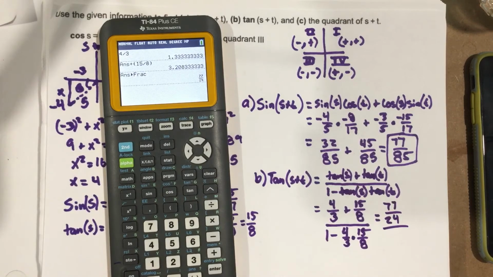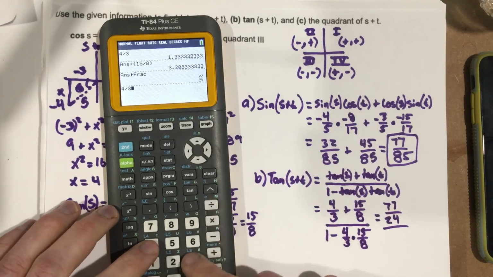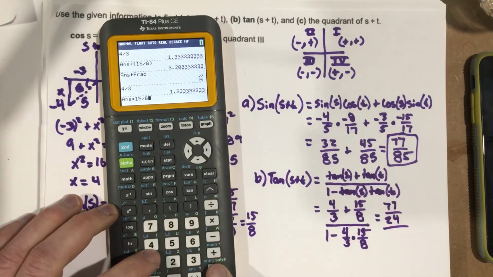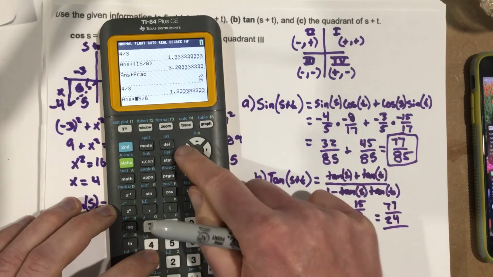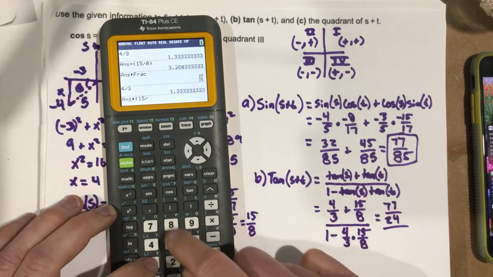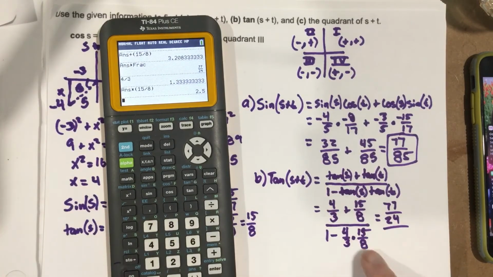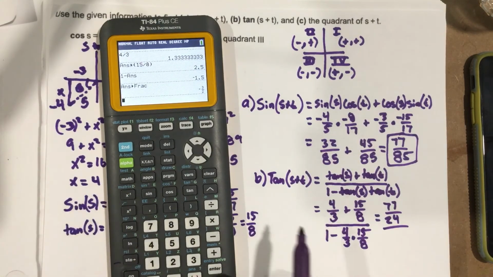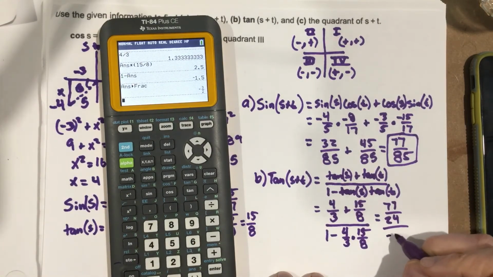Over, on the bottom we'll do 4 divided by 3, and we'll take it times the 15 divided by 8, and then I do 1 minus that answer. Gives us negative 1.5, which would be negative 3/2.